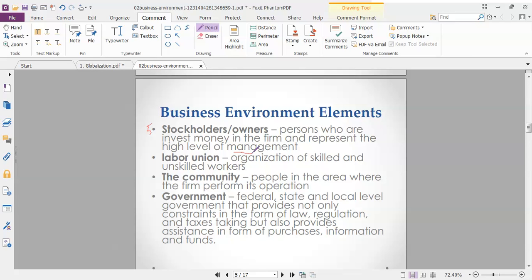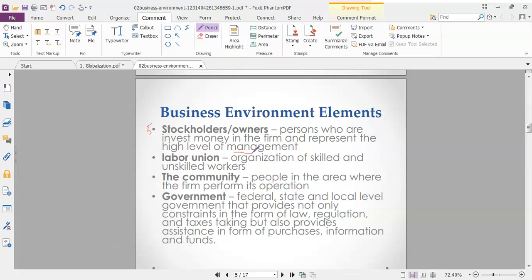The people that live in the area where you open up the business, we call it community. And then also the government is also the business environment.